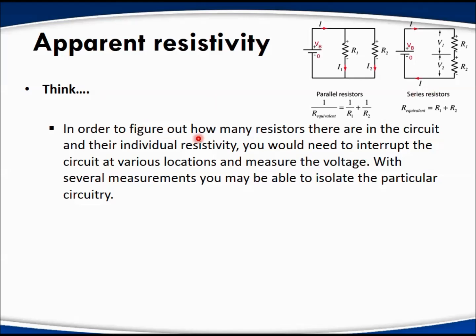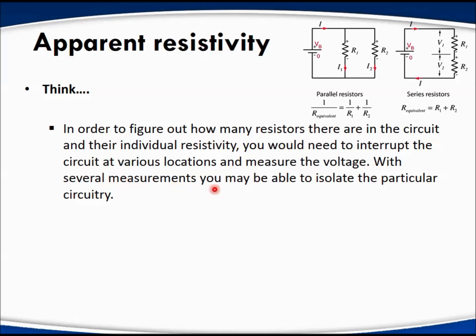In order to figure out how many resistors there are in the circuits and their individual resistivity, you would need to interrupt the circuit at various locations, for example at this location and this location, in order to know the voltage. For series resistors, you need to put your voltmeter at this point and at this point in order to know the voltage.